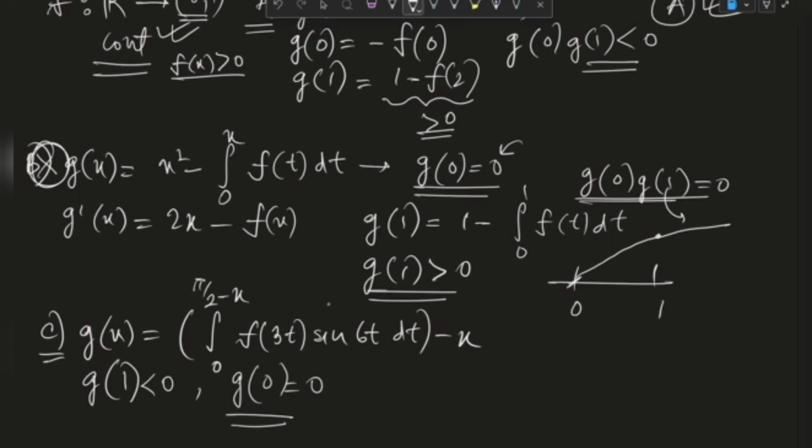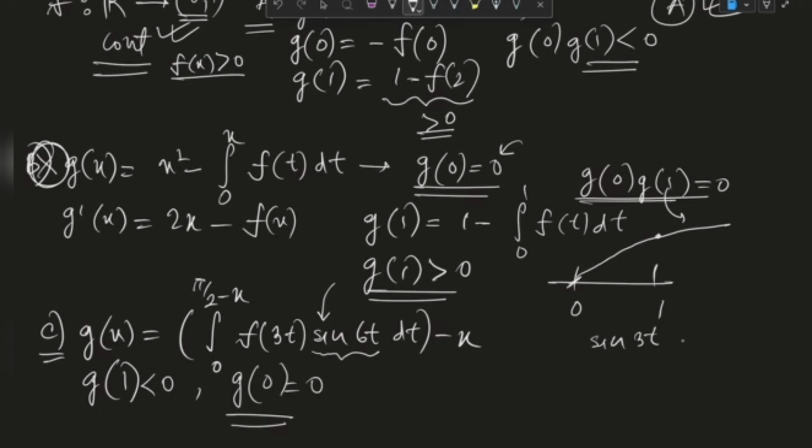What you can do is either find g dash x, or break sine 6t as 2 sine 3t cos 3t, and then make a substitution for sine 3t, say it is u.